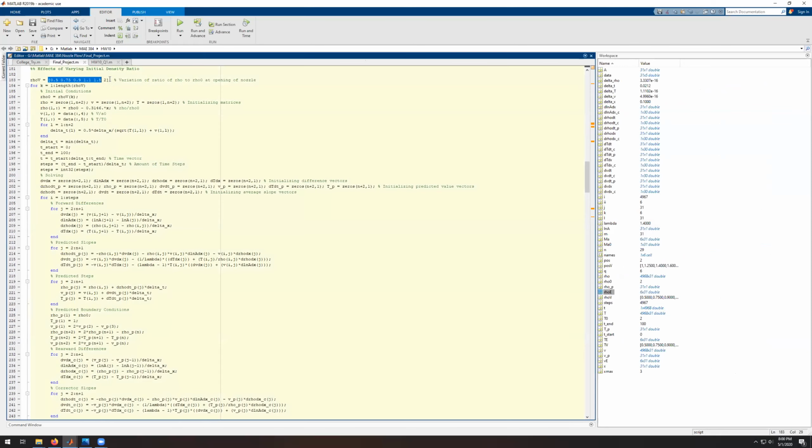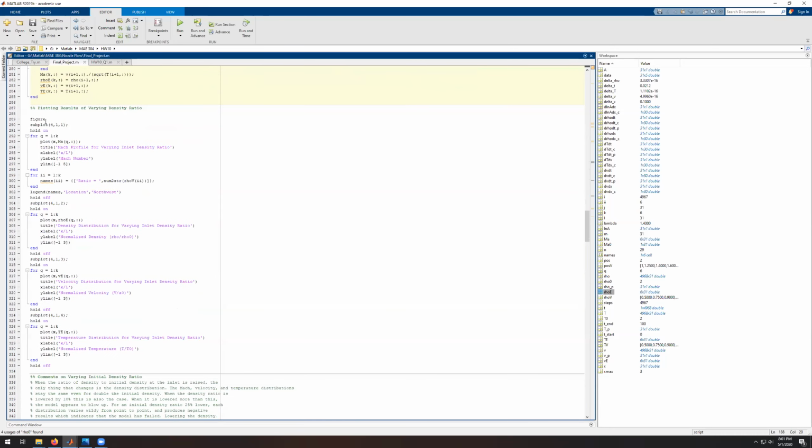So I have a vector here that has a bunch of different values, and using an equation that was used to calculate the initial conditions, I replaced the 1 with one of these values so that at the inlet, the density ratio, or the normalized density, is actually different than what it should be, just to see what would happen to the simulation. So it goes through and it runs it for each one of these different ones that I've chosen. And then down here, it plots those all as well.